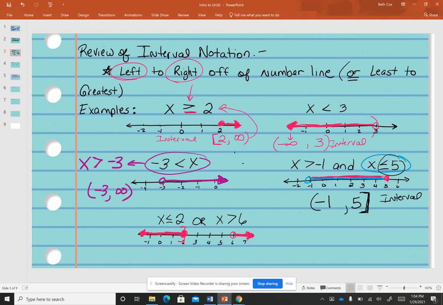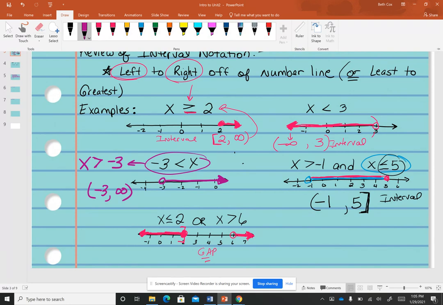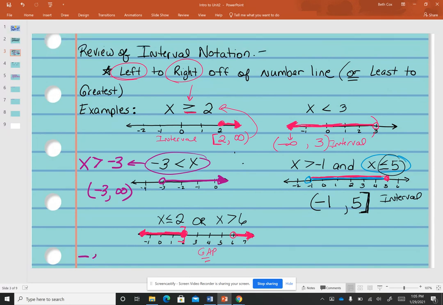Okay, now interval notation from left to right, we have a gap. So we have to make sure we understand that there is a gap. None of these others had gaps. We have 2 pieces to this one. Okay, so x is less than or equal to 2. That's the piece in interval notation. That is negative infinity to 2.